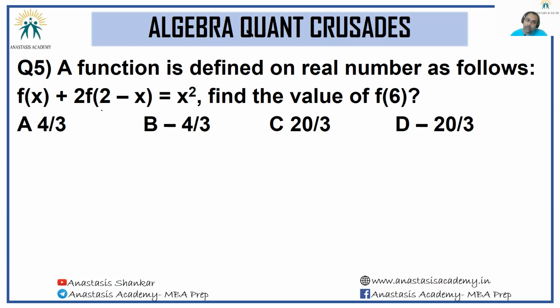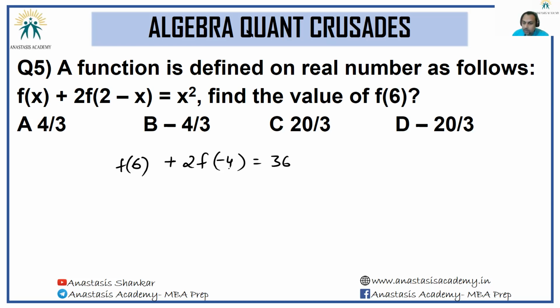Next question. A function is defined on real numbers as follows. f(x) plus 2f(2 minus x) is equal to x square. Find the value of f(6). Okay. This is a very standard question. You simply plug in the value: f(6) plus 2 times f(-4) is equal to 36.